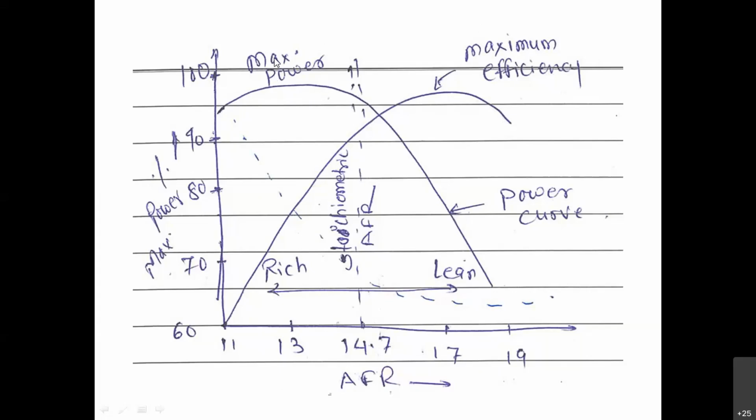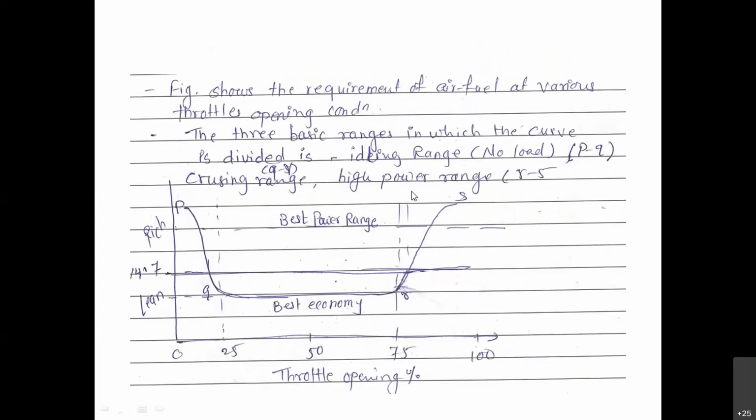To compromise these two things, at the stoichiometric ratio we get maximum power as well as maximum efficiency. But it's not possible to maintain the same stoichiometric ratio throughout your driving cycle. Depending on various driving conditions, the need changes.